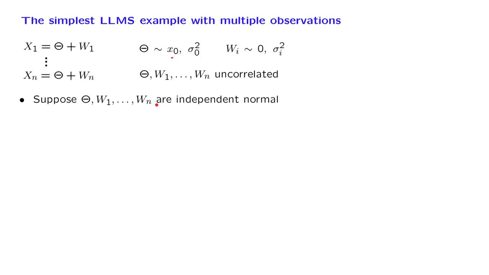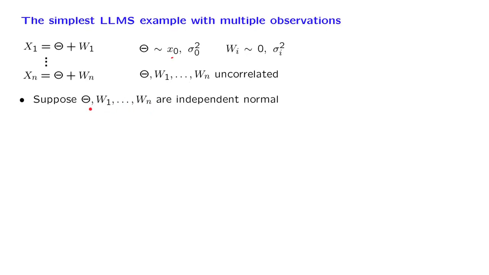Let us suppose, in addition, that these random variables were not just uncorrelated, but independent, and that they happened to be normal random variables. This is a problem that we did study before, and we did find the maximum a posteriori probability estimate of theta.